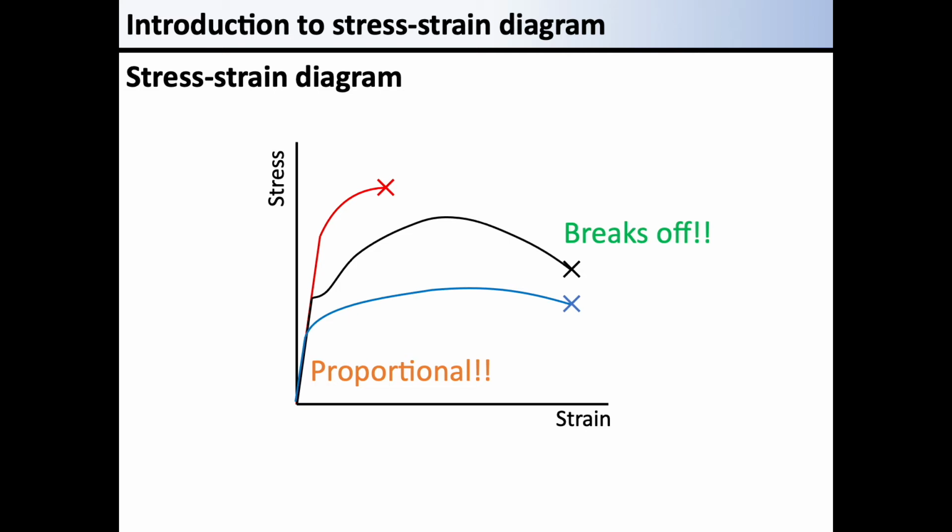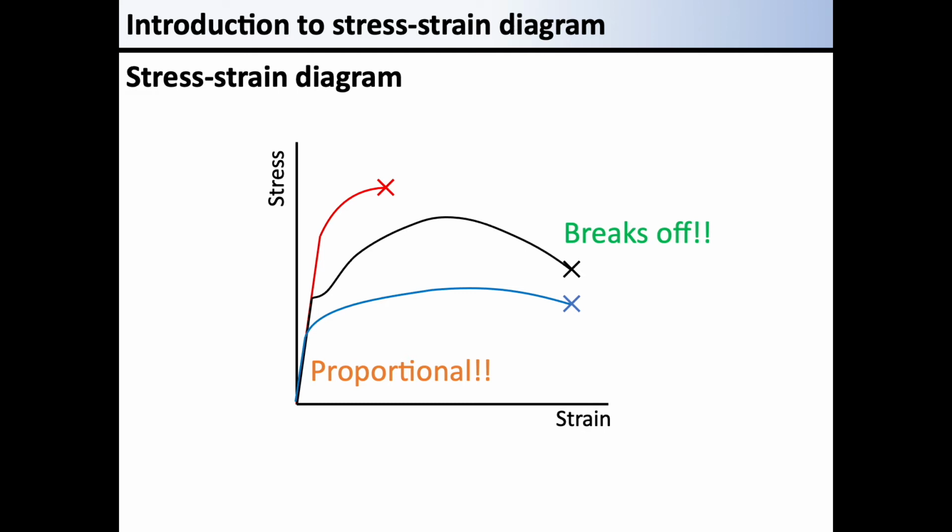When a material is subject to large stresses, the relationship between stress and strain is not proportional. Within the initial small region of deformation, the stress and strain are proportional.